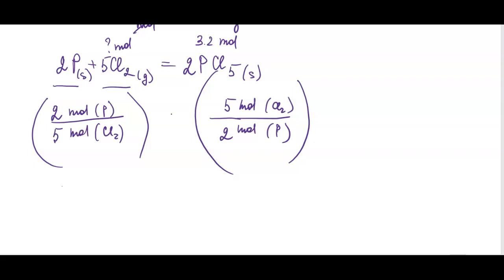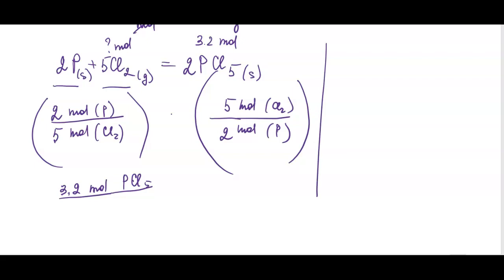So it's 3.2 moles of PCl5, right? And we will need to find how many moles of chlorine, right? So we need to use a conversion factor between chlorine and PCl5. We can use two of them too.